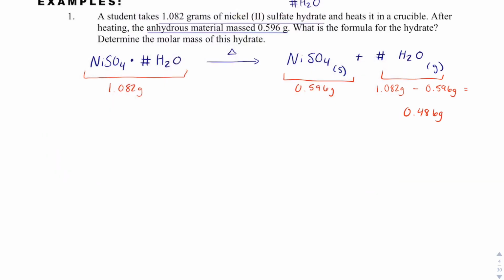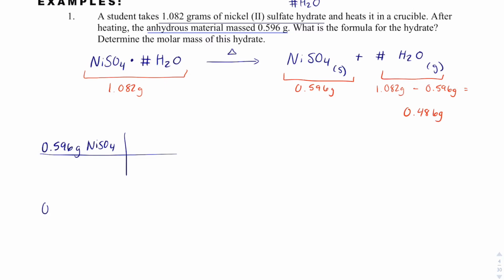Okay. So then we're going to do percent to mass, mass to mole, divide by small. And we'll never have to multiply until whole with hydrates. Okay, percent to mass, that's been done. We have masses, so we'll do mass to moles. We have 0.596 grams of NiSO4.